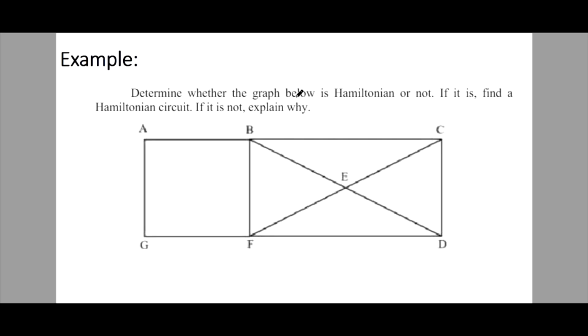So if you want to use Dirac's theorem, it says that n, the number of vertices, must be greater than or equal to 3. Now, what is the number of vertices? 1, 2, 3, 4, 5, 6, 7. So it's 7, so satisfied. How about n over 2? We have 7 over 2 is 3.5.